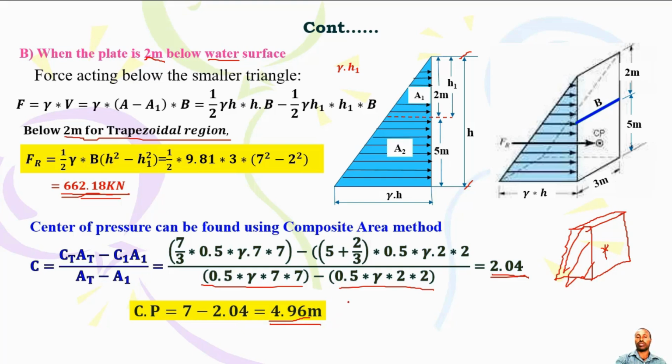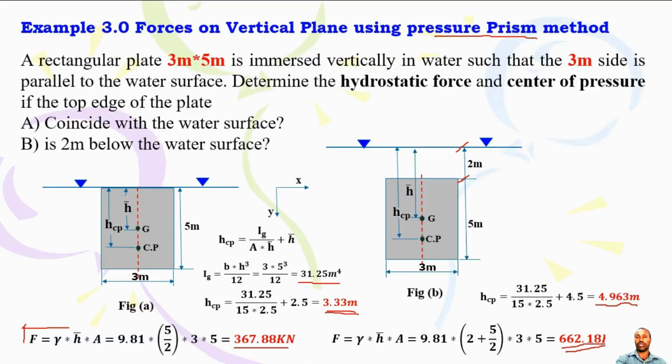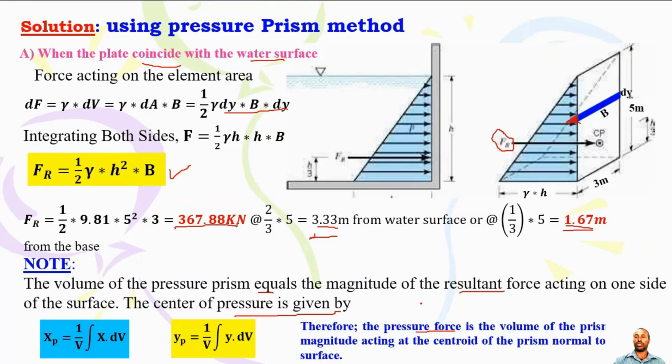Below the water surface, similar to the previous one, you can see 4.96. This is H_CP. H_CP is 4.963 if it is below 2 meters. So we are just calculating below this one because it is 2 meters below.